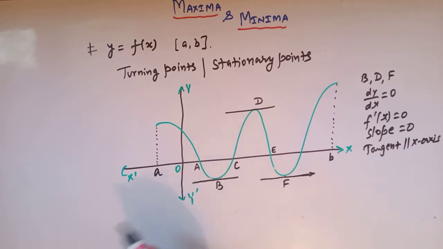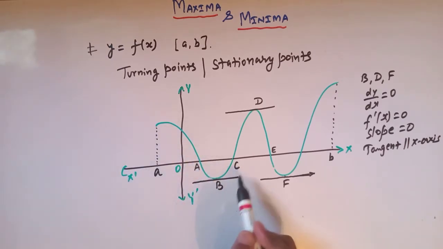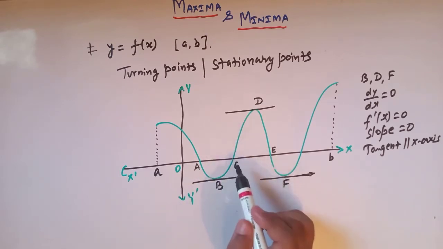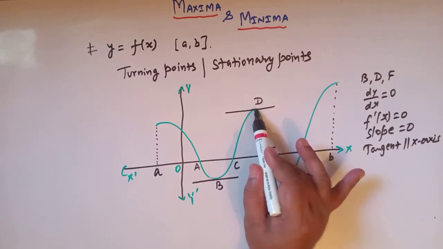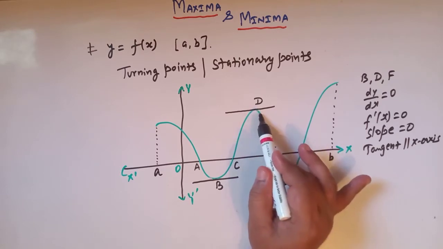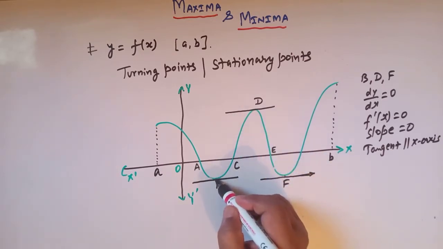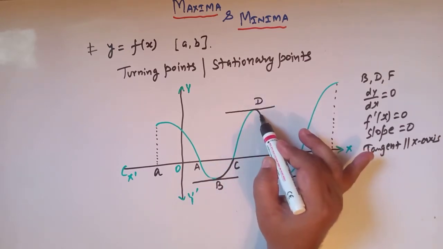I will elaborate on that after some time. Let us first take the turning points. So turning points are the points where the graph starts increasing or decreasing. If we take this point D, the graph starts decreasing from this point D, and if we take this point B, from here the graph starts increasing, and from here it starts decreasing.